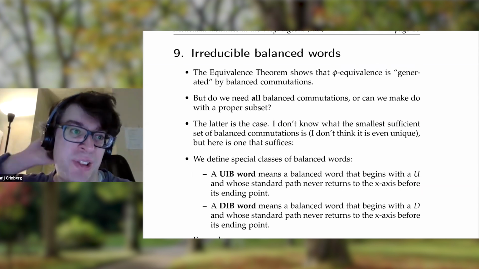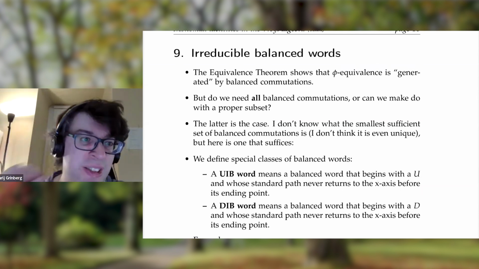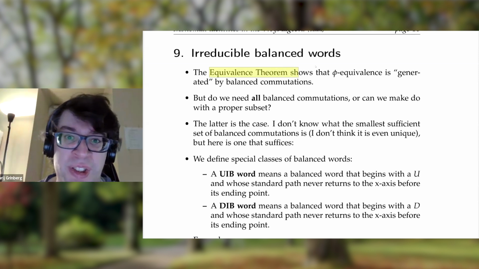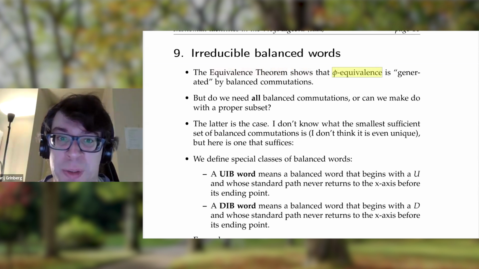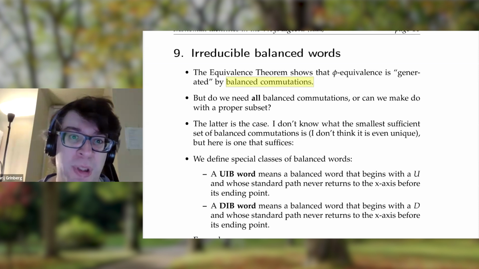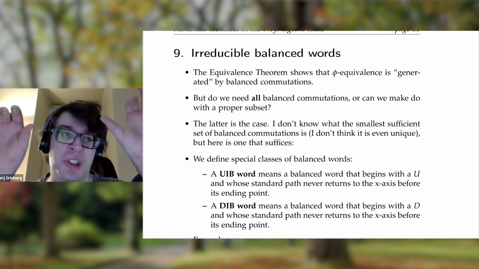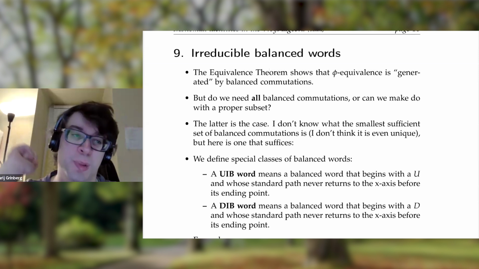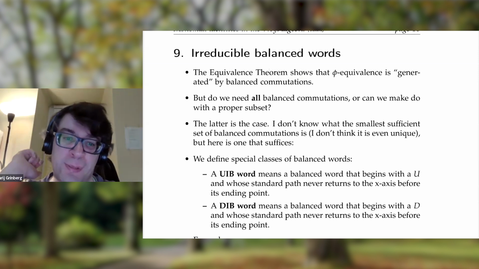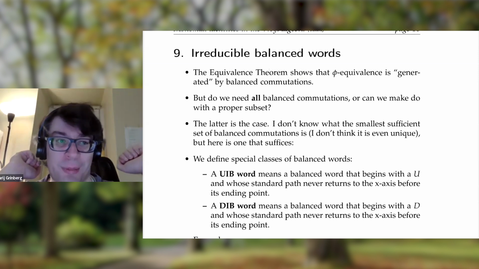So let's answer question 4 a bit. As I said, we described phi equivalence in terms of balanced commutations. But do we really need all balanced commutations, or can we do with a smaller set of commutations that are enough? Well, we can.